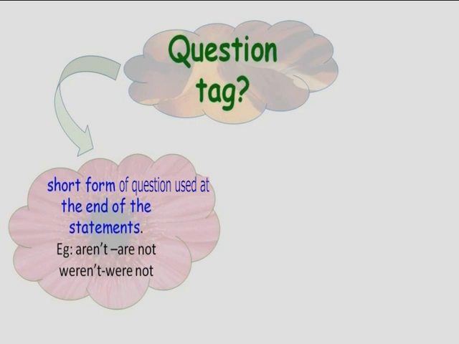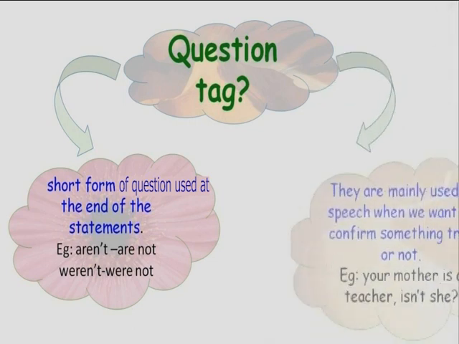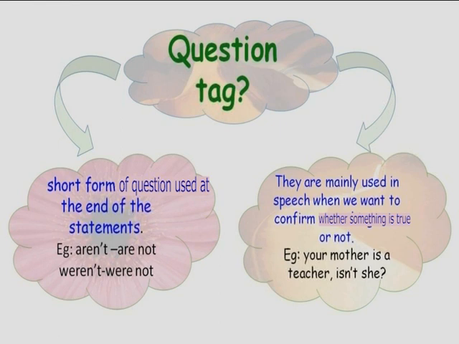A question tag is mainly used in speech when we want to confirm whether something is true or not. We do use a question tag when we speak with our friends, when we speak with somebody else. But we don't realize whether we have used the correct question tag or not.